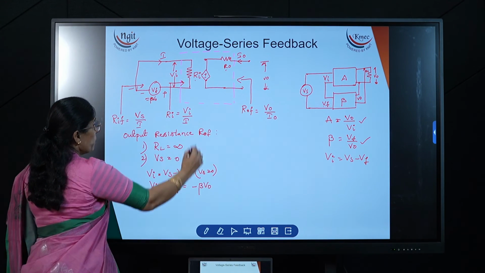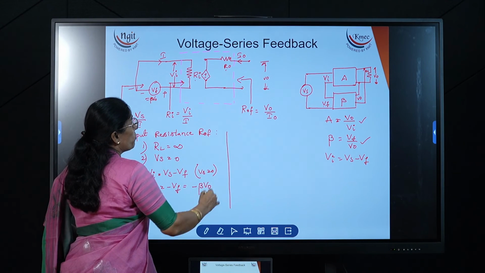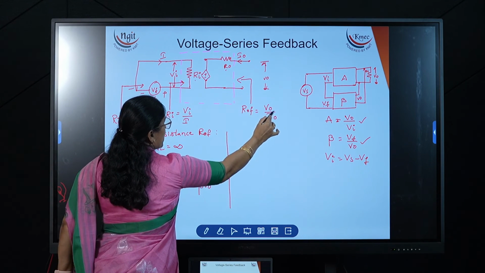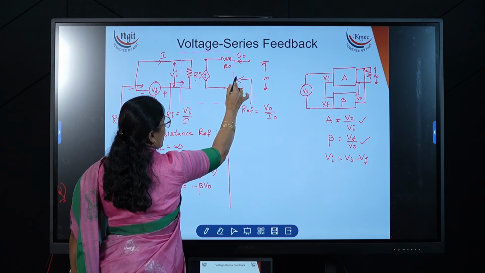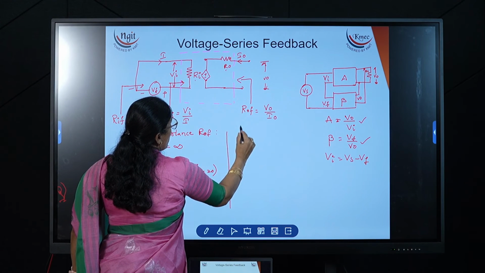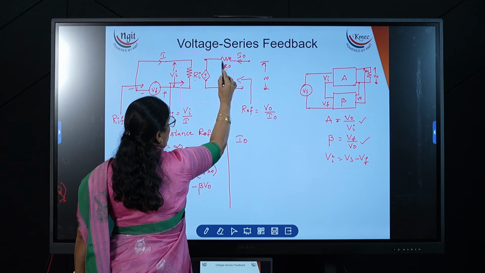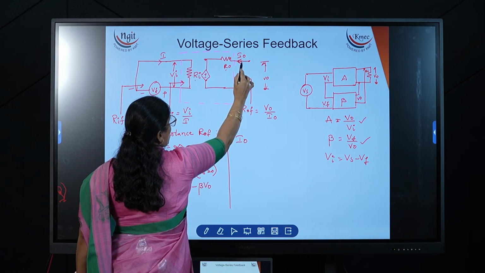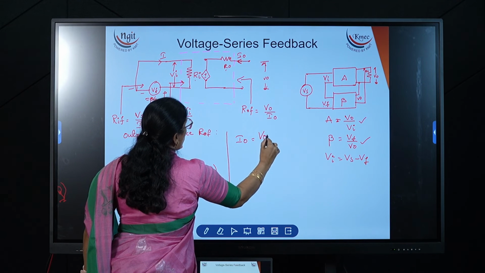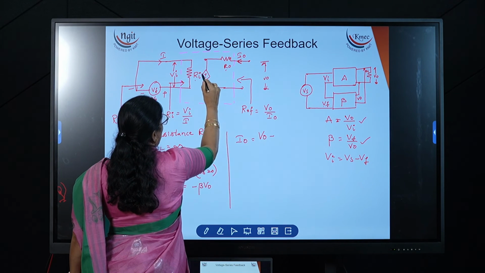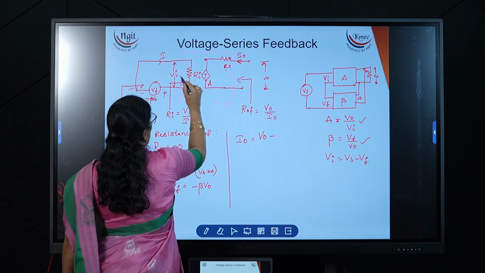Now this is the input side we have taken. Now from the output loop, if I wanted to calculate V naught by I naught, then I apply KVL at the output loop, or write the expression for the I naught. The I naught direction is in this direction, means current is leaving from the V naught. So we have to write V naught minus, now this dependent voltage source is A into, it is depending on the input voltage.